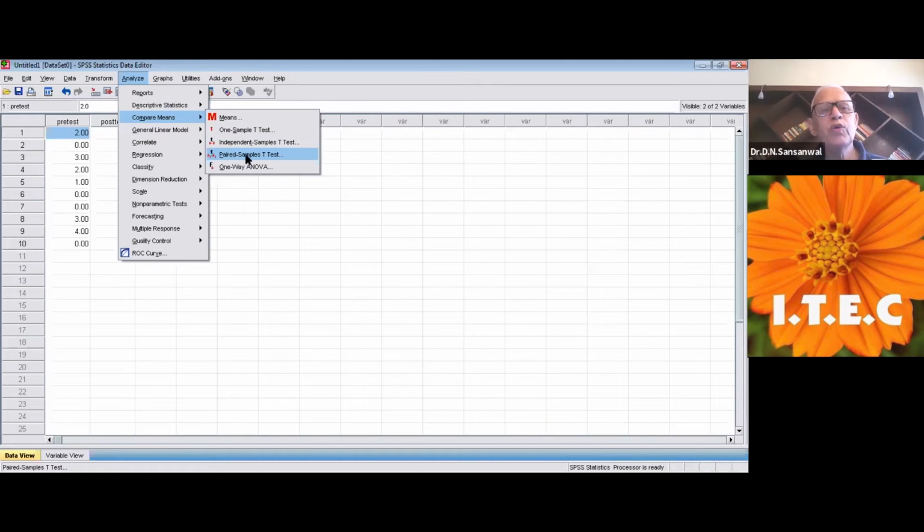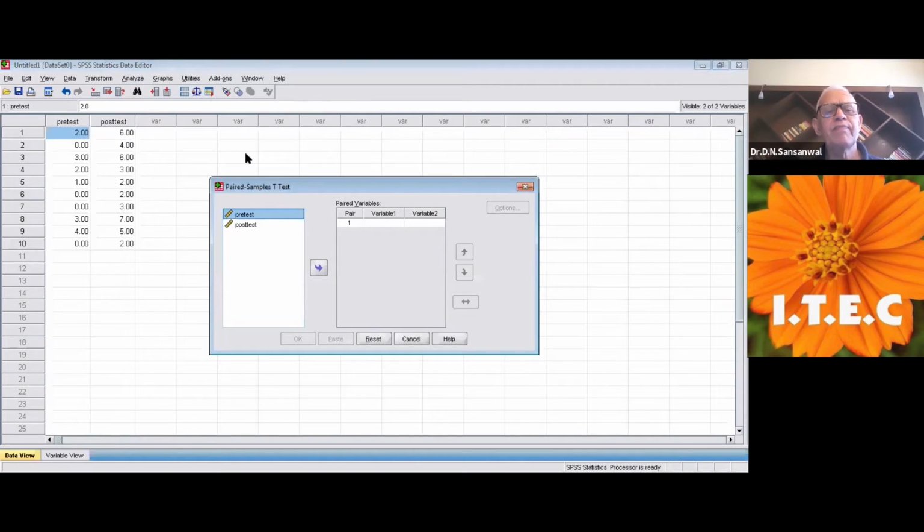So you come to the paired samples t-test, and here you can compare the pre mean score of achievement in spelling with the post mean score, or the post mean score with the pre. If you want, you can do this also. Either you compare pre with post or post with pre, and both answers will be the same. You can see right now.